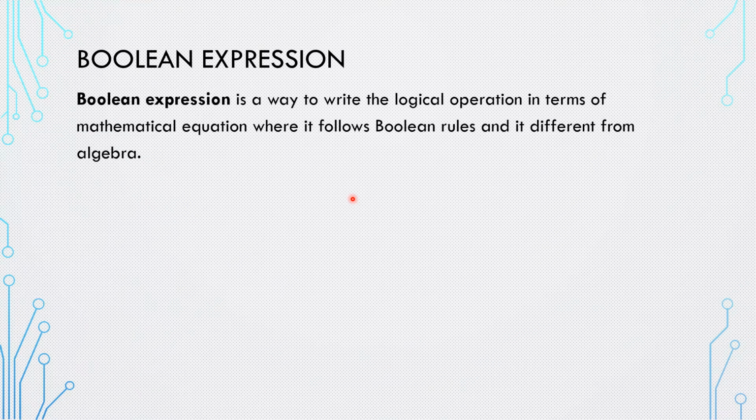The first thing that you need to know in order to study the logic circuit is to write down the Boolean expression for it. What I mean by Boolean expression is a way of writing the logical operation in terms of a mathematical equation, where it follows some Boolean rules and is different from algebra. It's like an equation to represent what kind of operation you can do in the circuit in order to study what happens between the input and output.